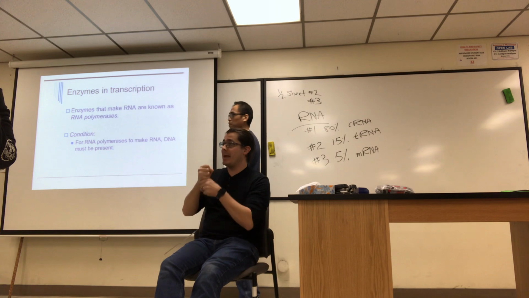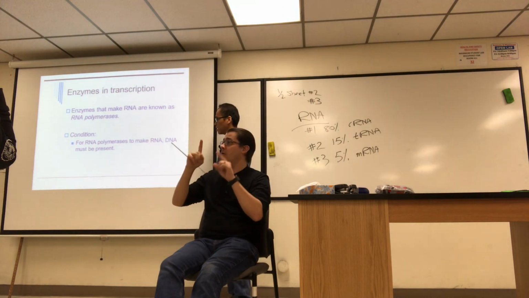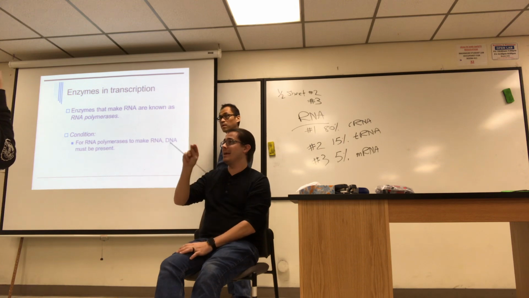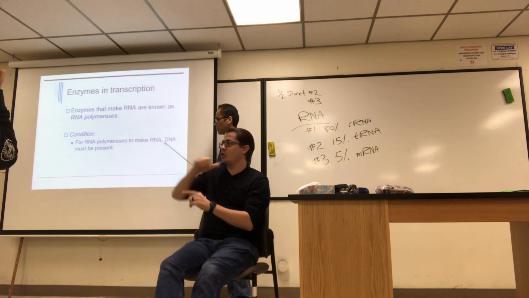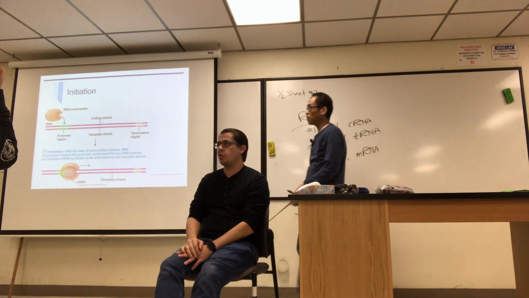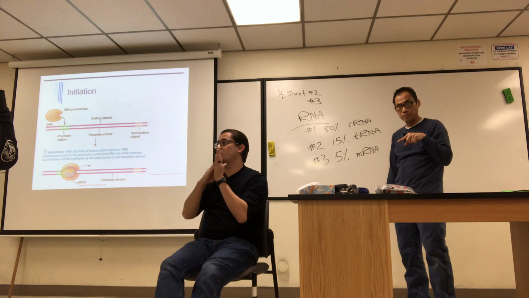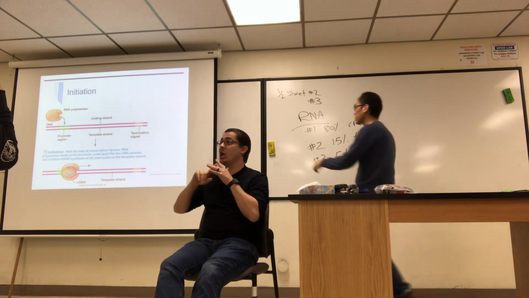Okay. One condition for them to work, to make RNA, DNA must be present. That makes sense. You're not going to make an mRNA if DNA is not there. So it's pretty intuitive. Well, here's a picture from the book. This is transcription, and it's the initiation part.